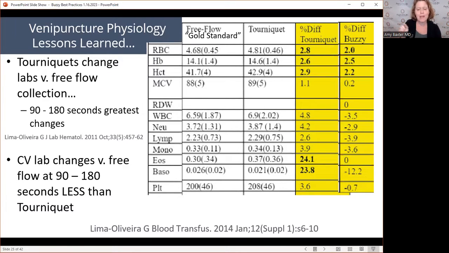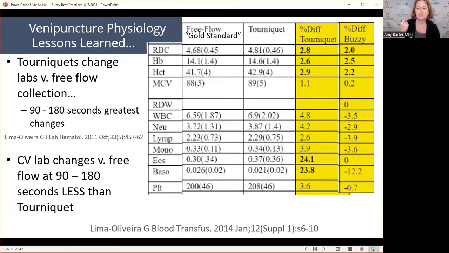But the reality is that tourniquets will, over time, slightly change blood values. Buzzy changes lab values less than a tourniquet because the high frequency vibration vasodilates and you get increased blood flow. So looking at this, if you are looking at blood collection, about 2 to 3 minutes is where it changes the lab values the most to have a tourniquet used.